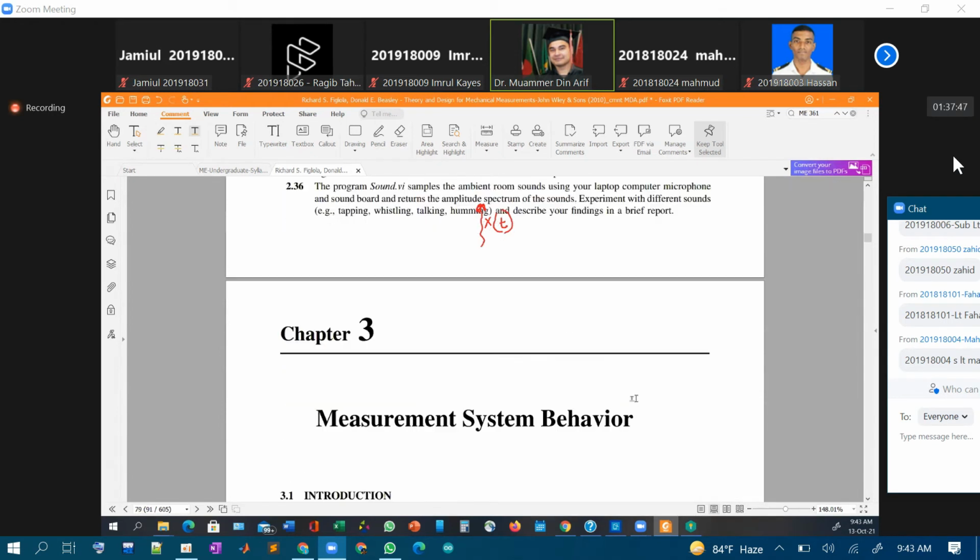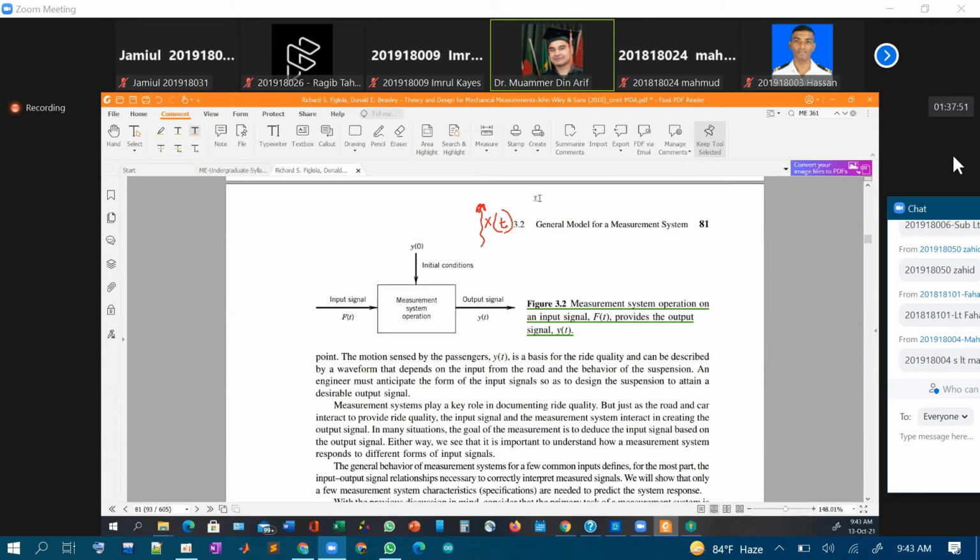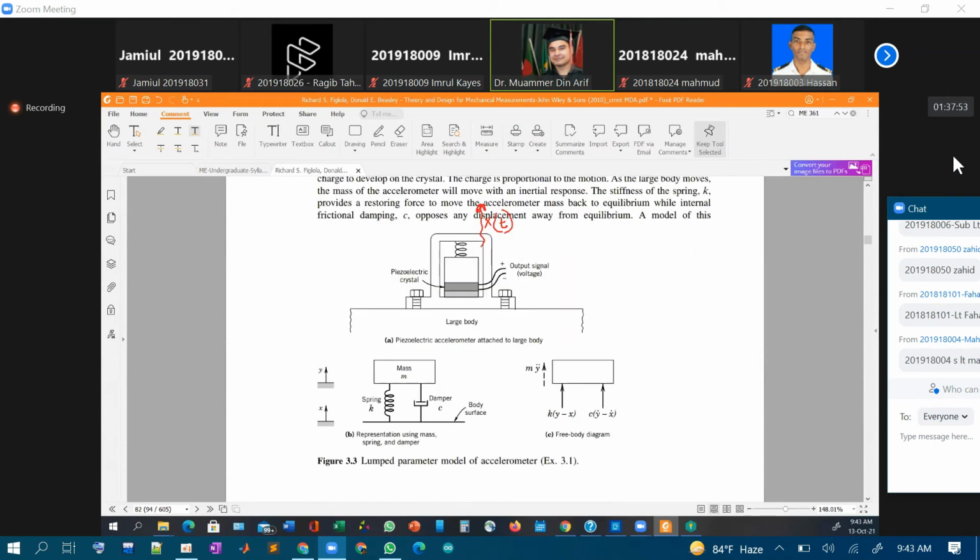My question is, how do I model? How do I go from here to here? How? Well, think of it.